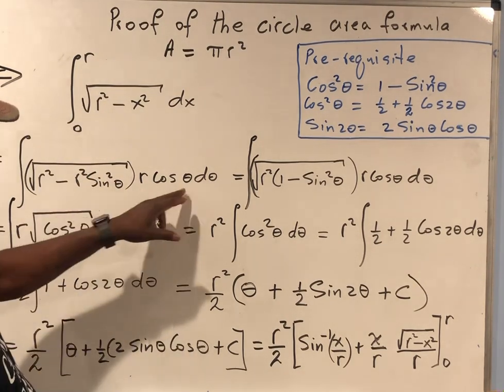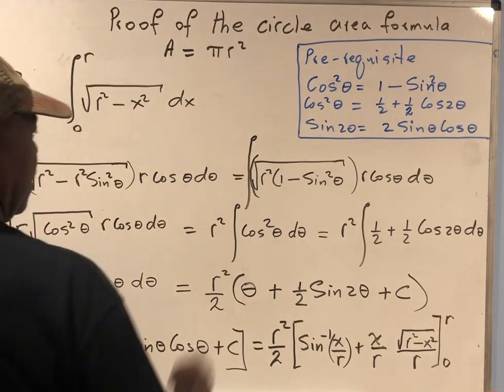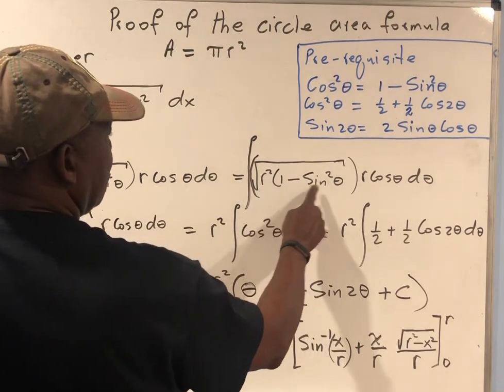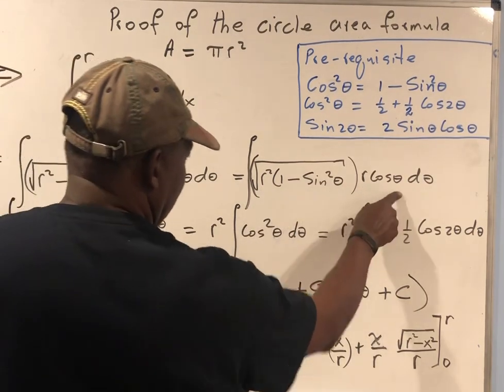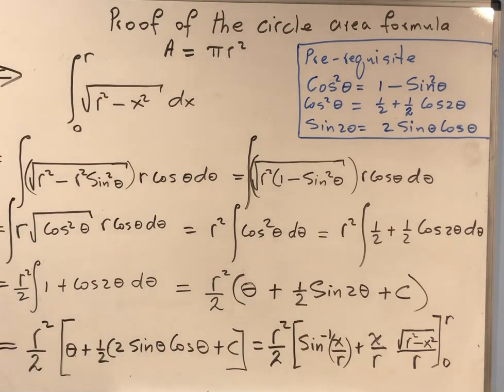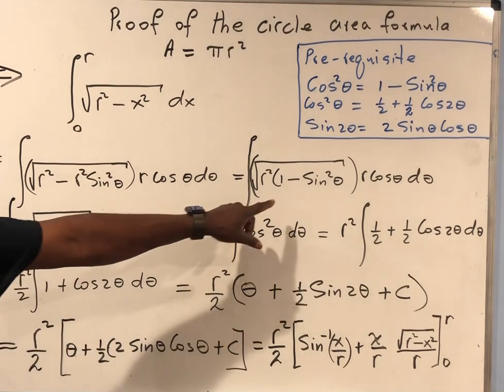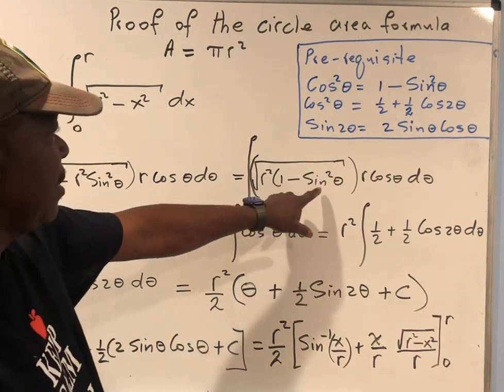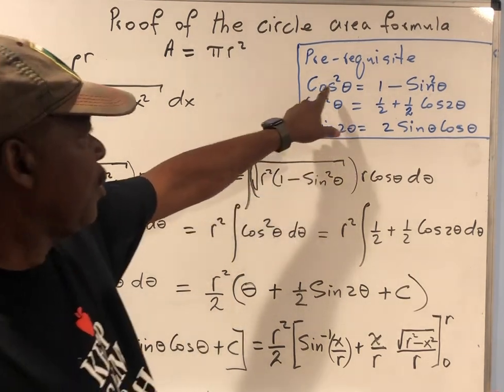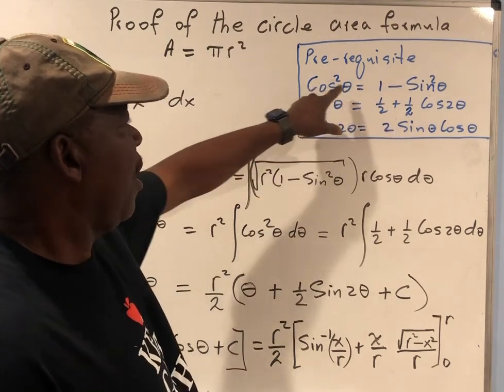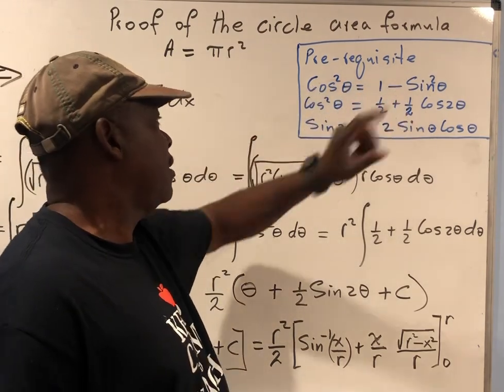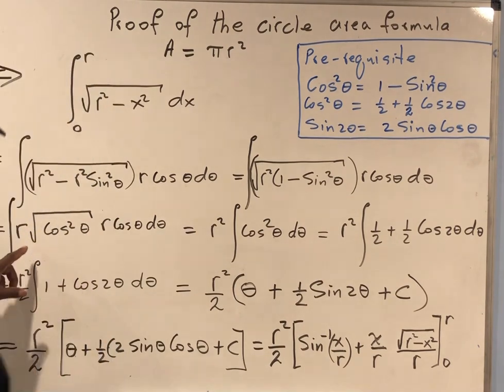And this simplifies to give us r squared times 1 minus sine squared theta times your r cos theta on the outside there. A further simplification, we replace the 1 minus sine squared theta using that version of the Pythagorean identity.